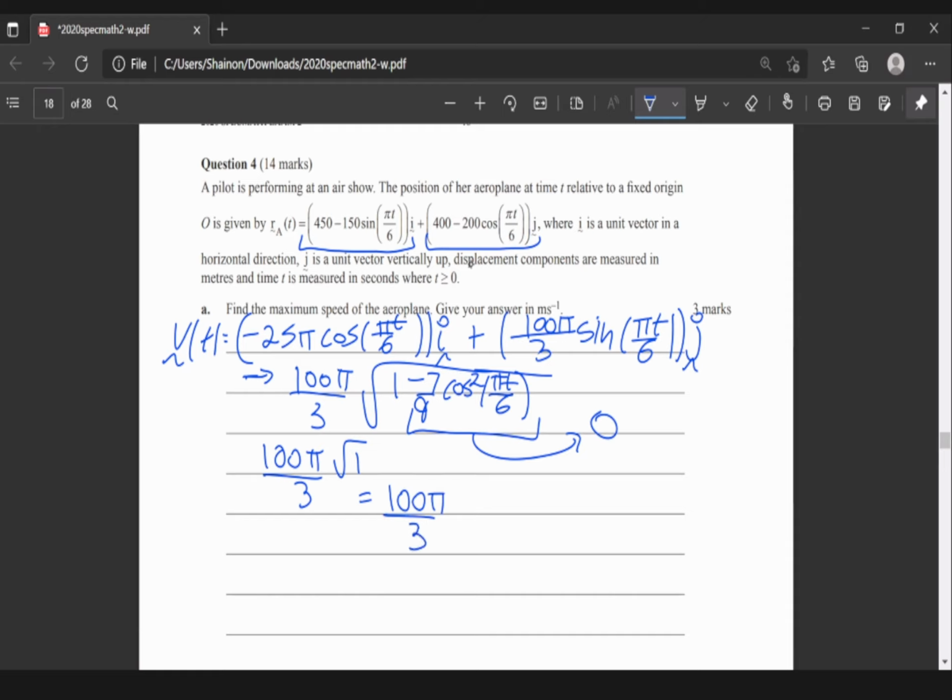So then when cos pi t over 6 equals 0, you should get this as a maximum speed. You find a t value when it equals 0, and then sub that back into the equation, and you should get this as the max value for speed.